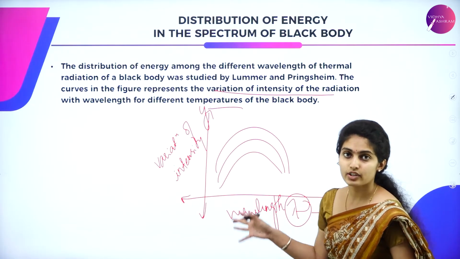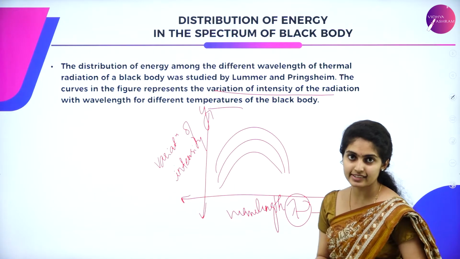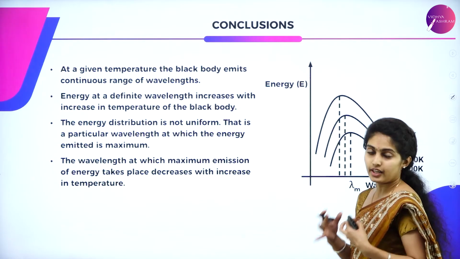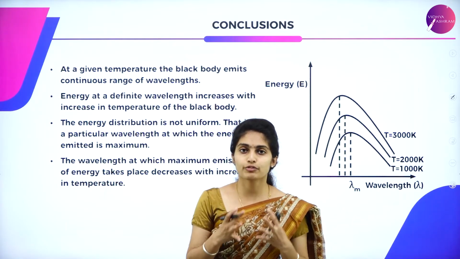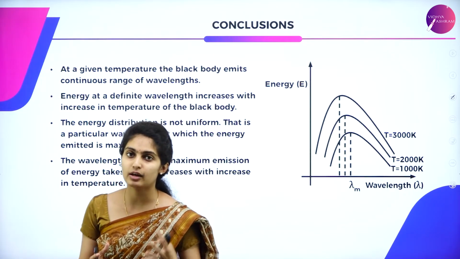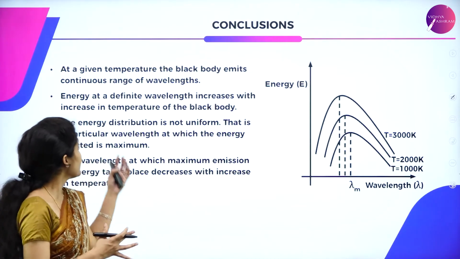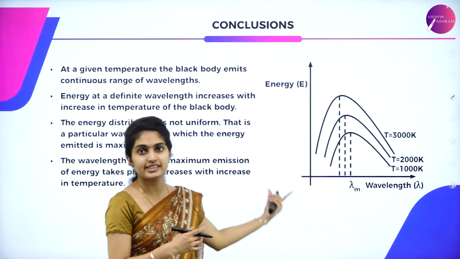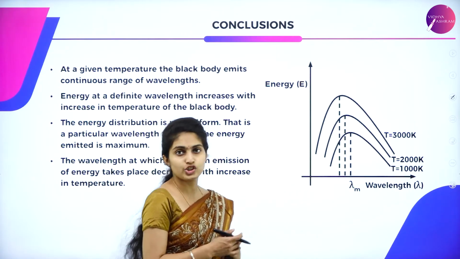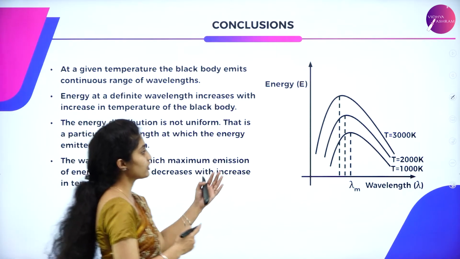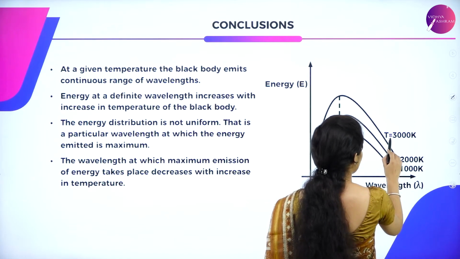So let us get into the spectrum analysis. We have conclusions from the study of the energy distribution of the spectrum of the black body by Lummer and Pringsheim. Here you can see the energy intensity of the radiations as well as the wavelength. So these are the energy level curves. We have T1, T2 and T3, the temperatures.